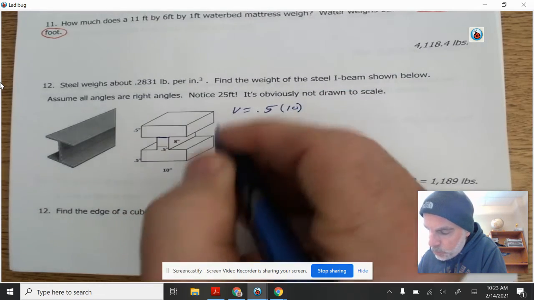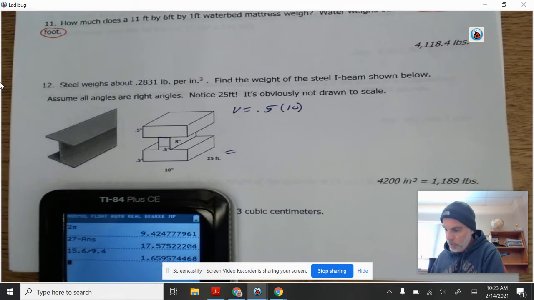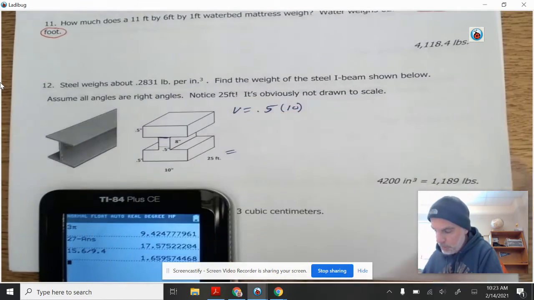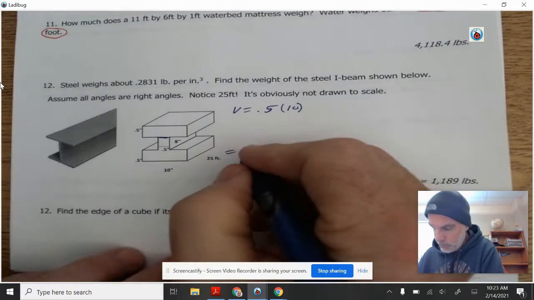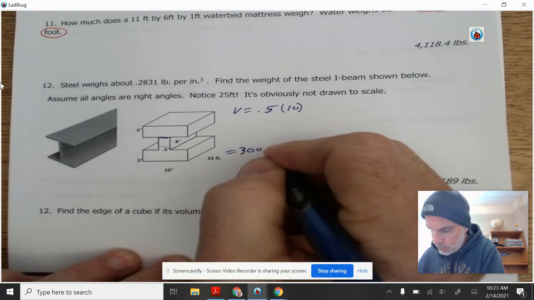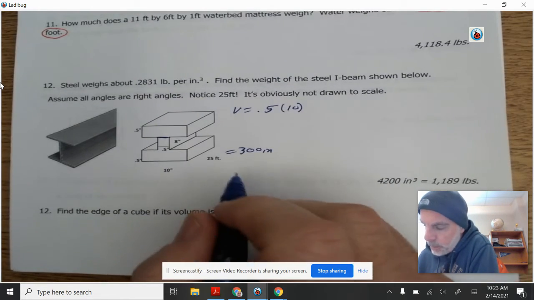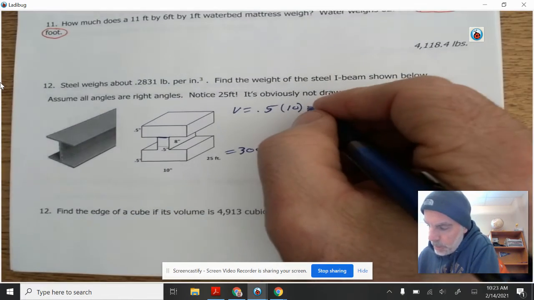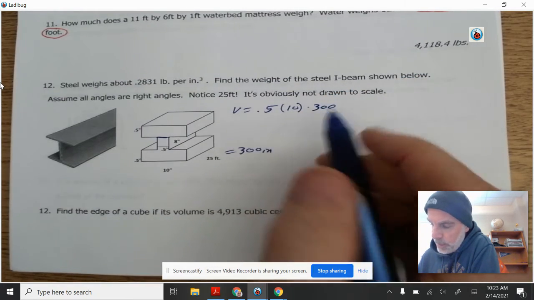And then this is 25 feet, which equals how many inches? I need to convert that to inches because my scale is in inches. So 25 times 12 is 300. So this is 300 inches long. 25 feet, we're talking like the length across a classroom. So I'm going to do times 300. Length times width times height.